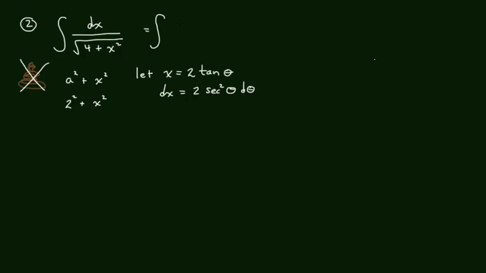All right, I'm ready to do some substitution. For dx, I have 2 secant squared theta d theta. And then in the denominator, I have 4 plus, so I'm going to square x, so I have 4 tangent squared theta.